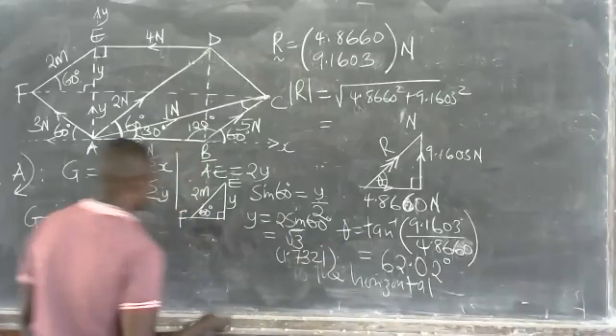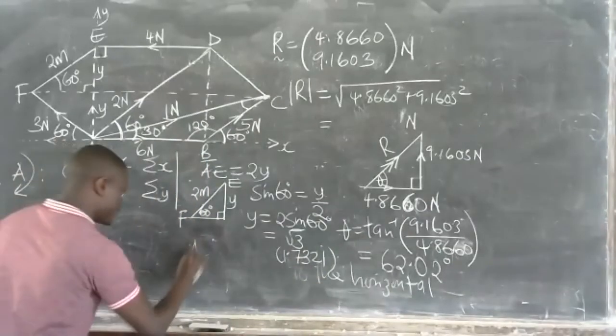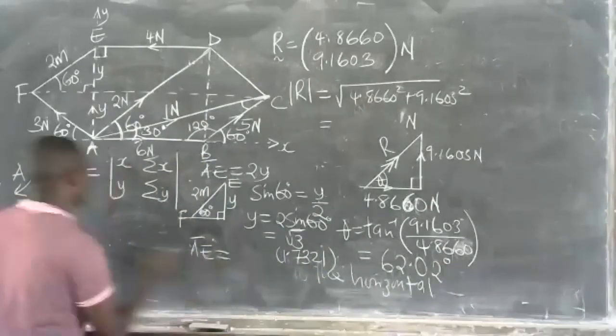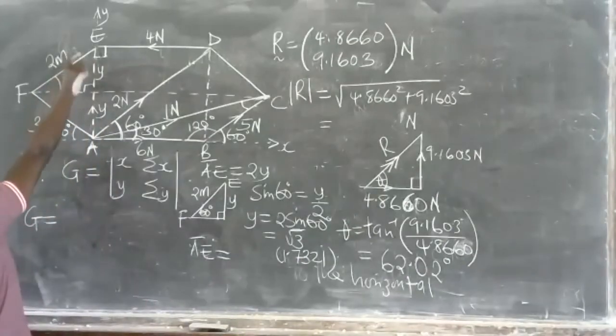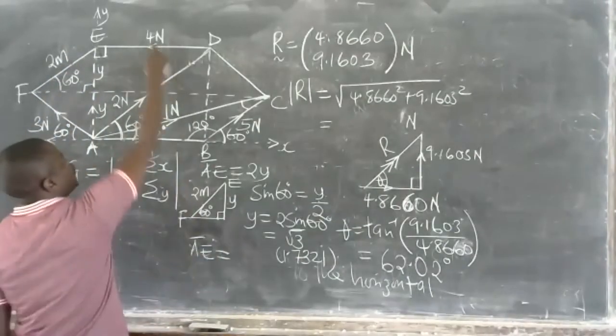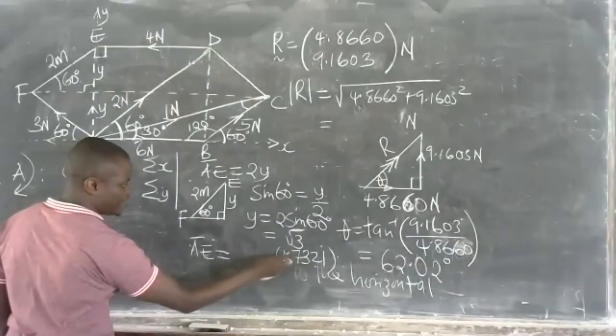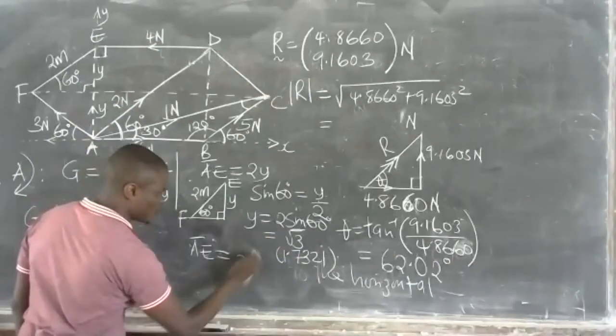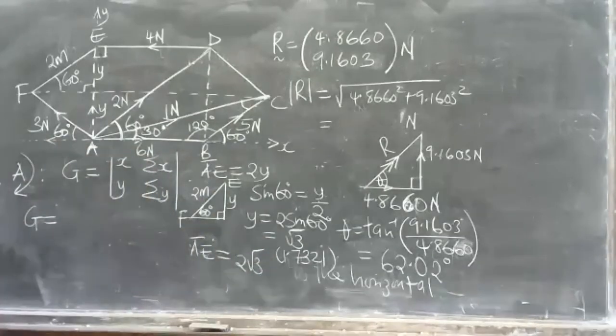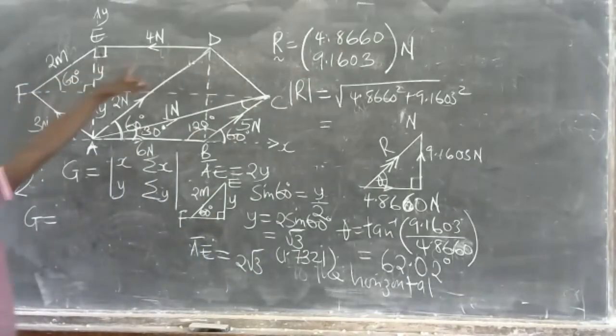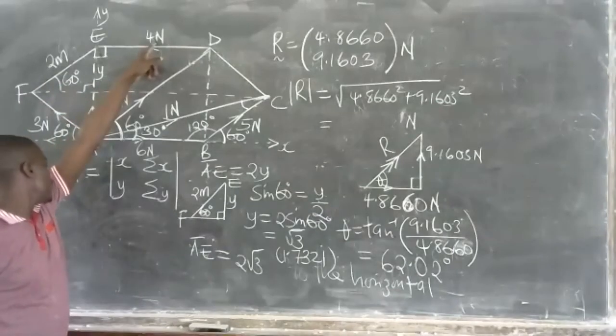Now, after getting y, the length AE, which is the perpendicular distance to the 4 newtons force, we multiply by 2, which will be 2 root 3. So this force here is catered for now.